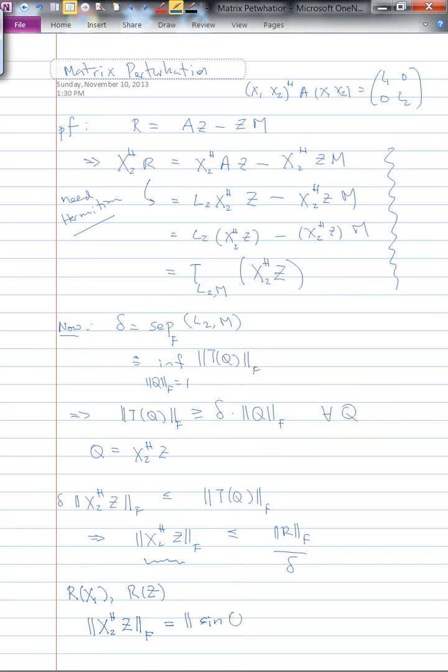This is exactly the diagonal matrix that has on the diagonal the sines of the canonical angles between the range of x1 and the range of Z. And so basically what we just proved is the result of the theorem, that we have this bound. So that concludes the proof of this theorem.